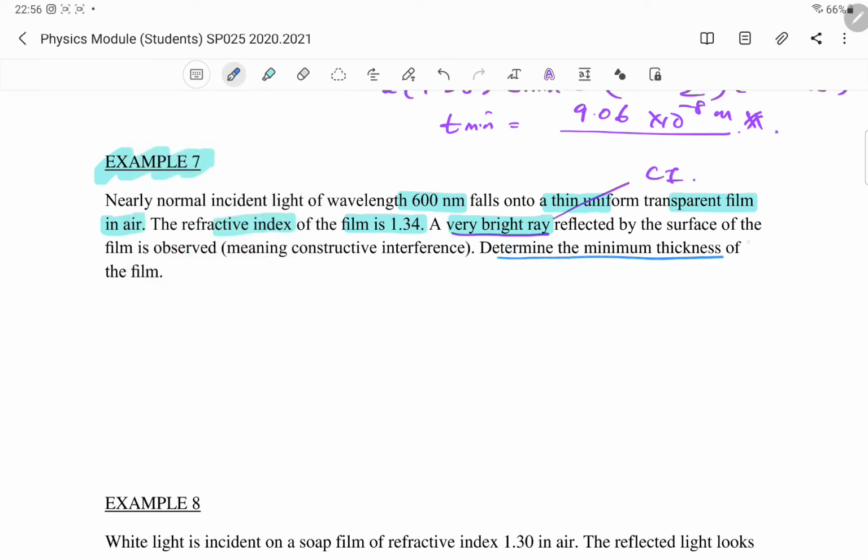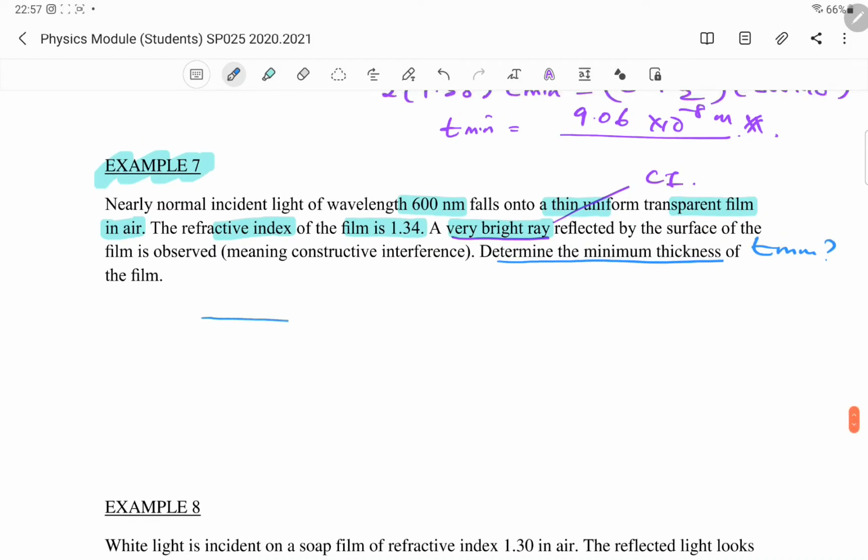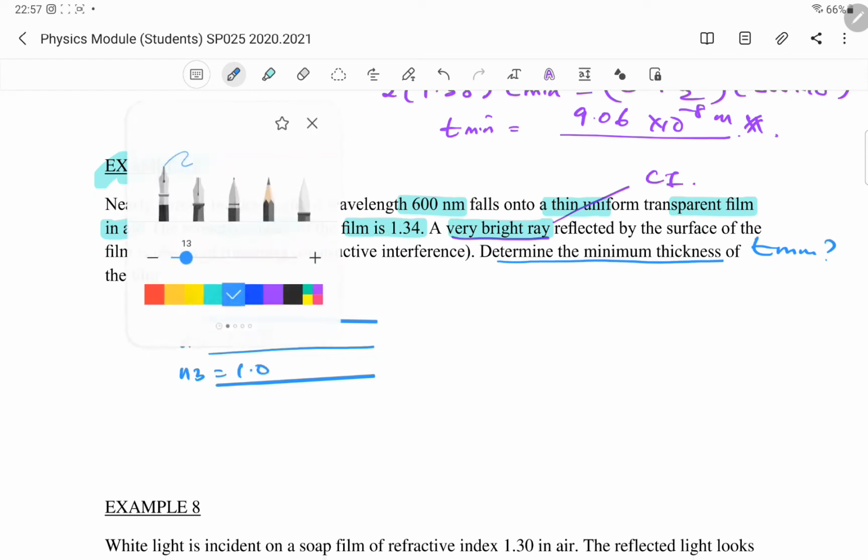Determine the minimum thickness of the film, t minimum. So seperti biasa kita lukis dulu. So dia ada N1, N2, N3: 1.0, 1.34, 1.0 pada semula.